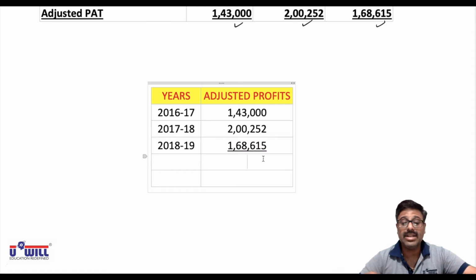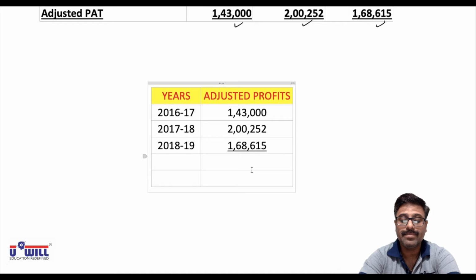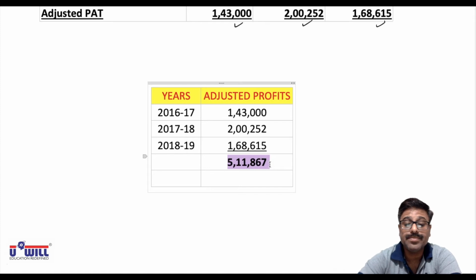So 1,43,000 plus 200,252 plus 168,615 is 511,867. These are the total adjusted profits.